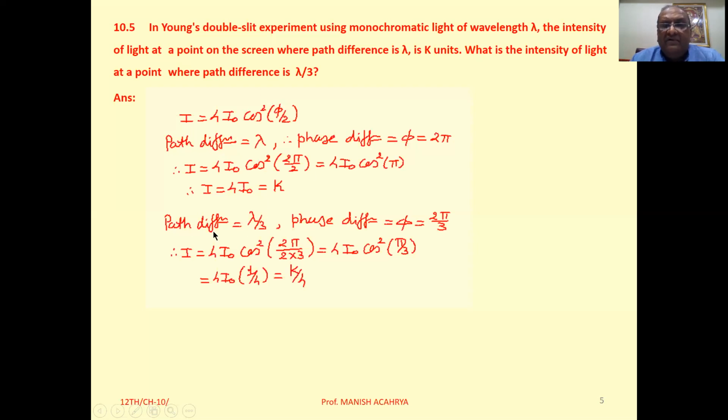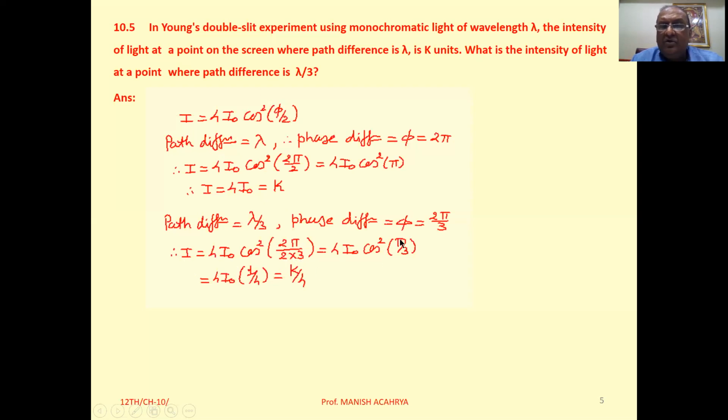Now, when the path difference is lambda by 3, then we can say the phase difference phi, that will be 2 pi by 3. Lambda corresponds to phase difference 2 pi. Now substitute this value of phi in this equation. So I, that is equal to 4I0 cos square 2 pi upon 2 into 3. 2 cancelled.